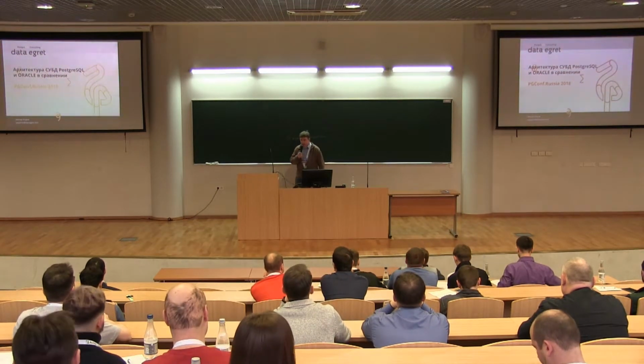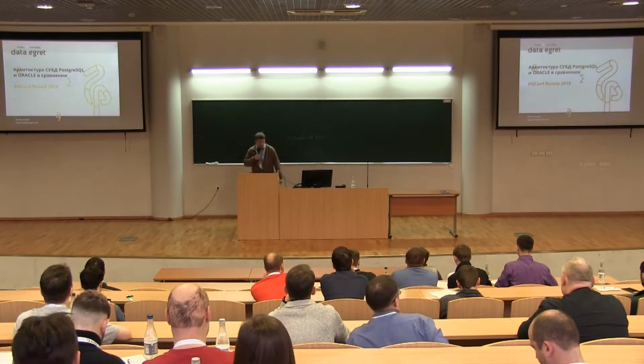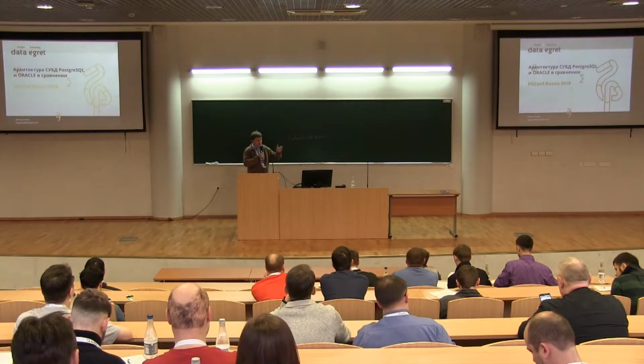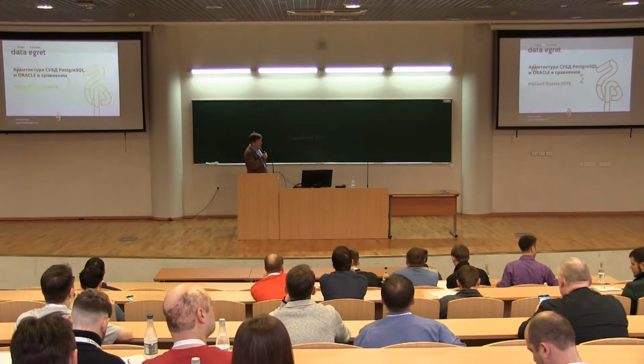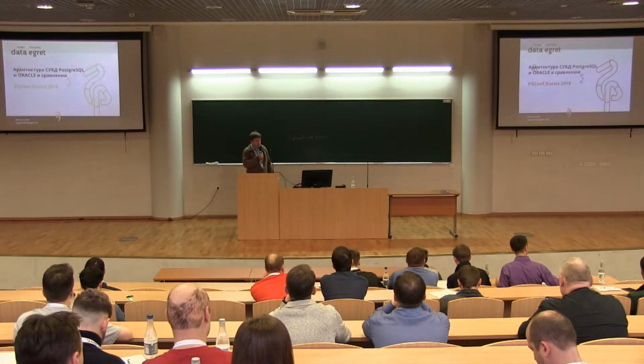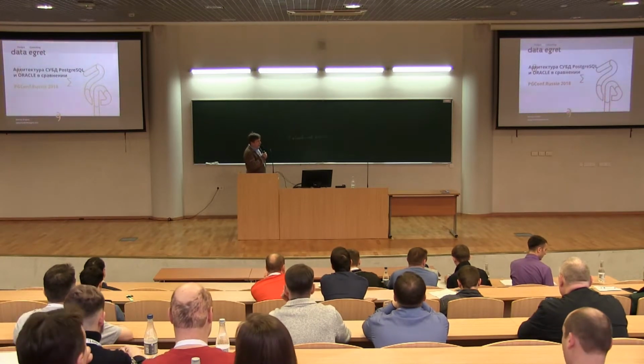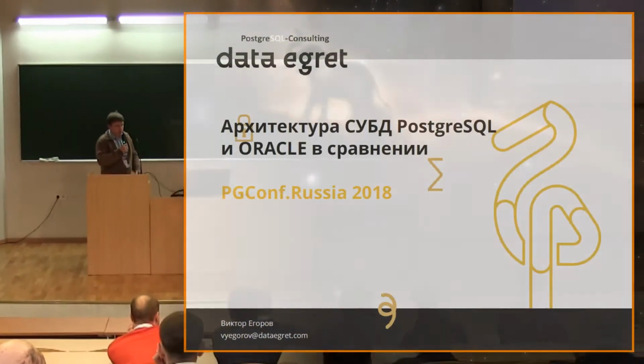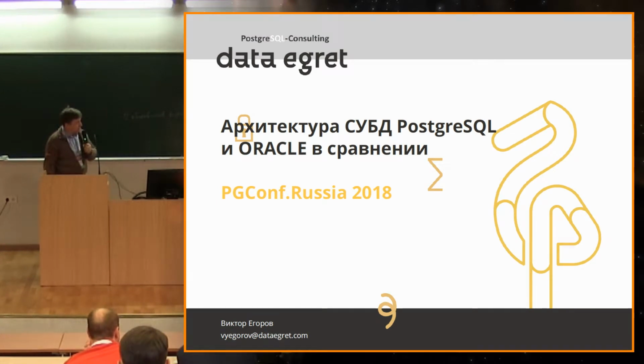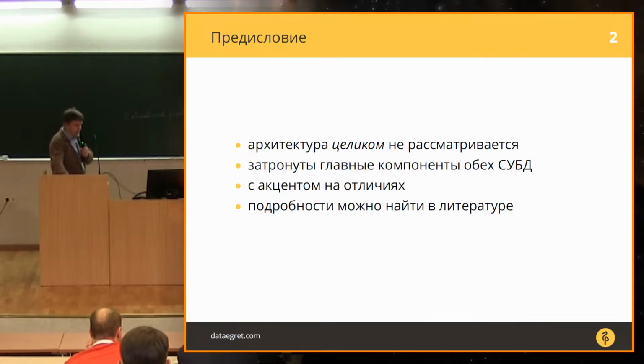I work in Data Egret company as administrator, and I've been working for many years with PostgreSQL, and I also worked with Oracle databases. And I would like to talk about the architecture of those two SQLs and to better understand the similarities and also the differences.